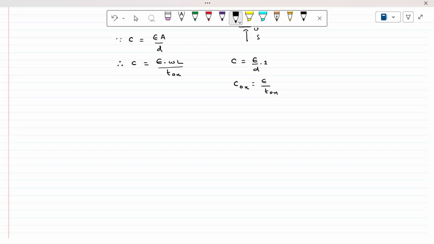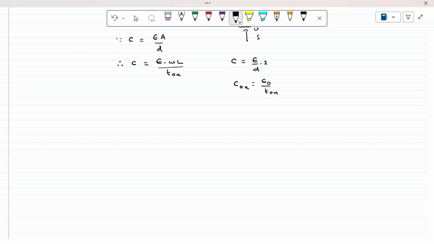For silicon dioxide, the relative permittivity is approximately 1, so Cox is nothing but epsilon naught divided by Tox. This is called the unit area capacitance.